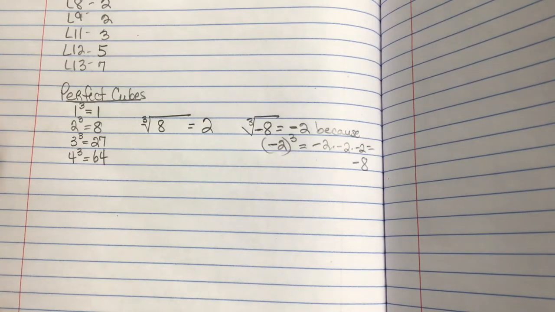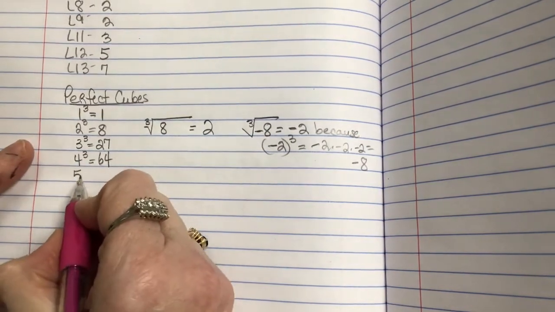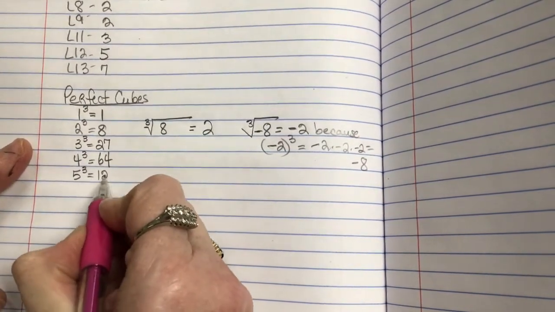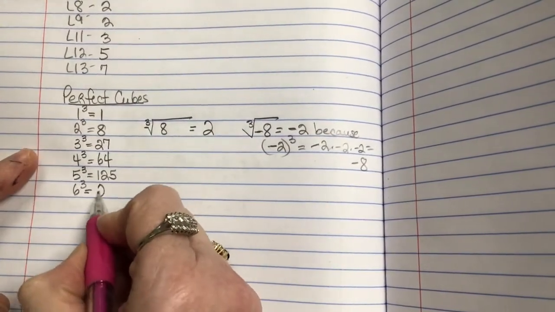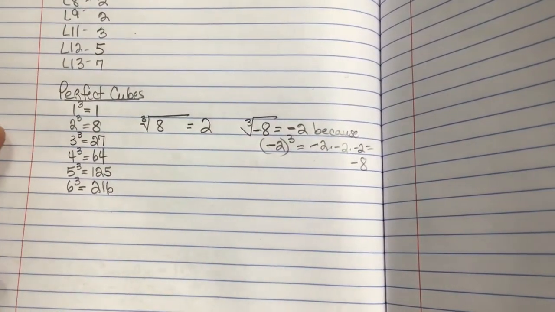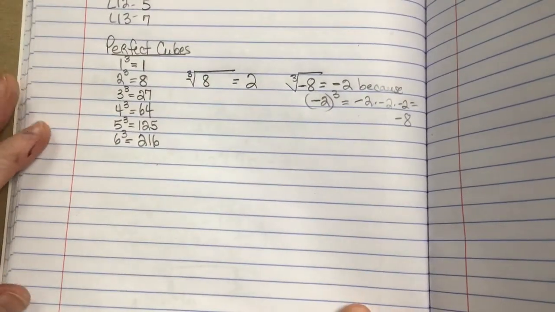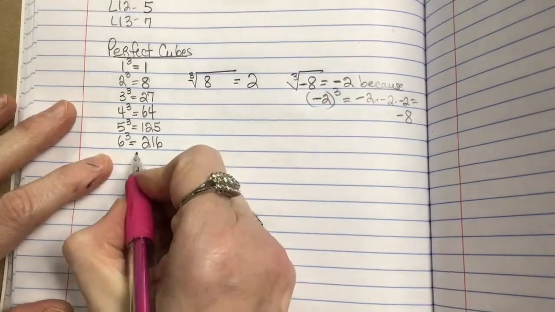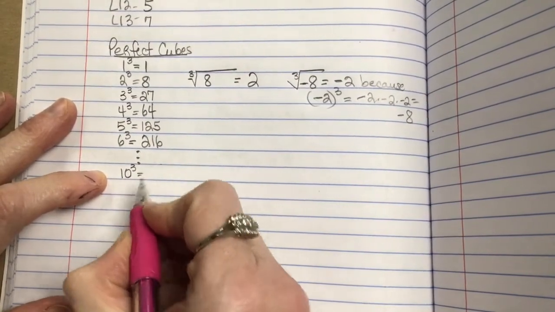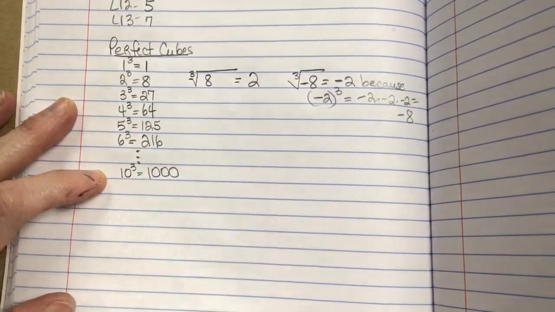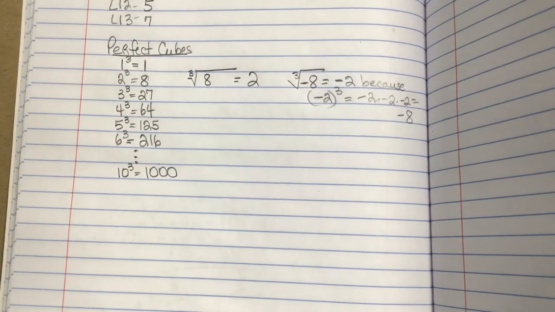Which way would you treat it? And then 5 cubed is 125. 6 cubed, and I don't even know if I went that high on them on classwork, but I'll put that one. Those are about as far as I recognize them. And then I am going to put 10 cubed, because that one is one you might see, and it's a pretty easy one. The cube root of 1,000 is 10.